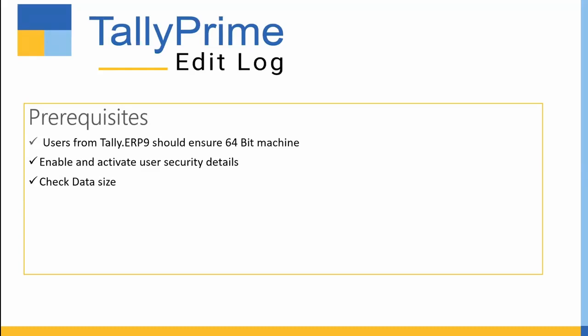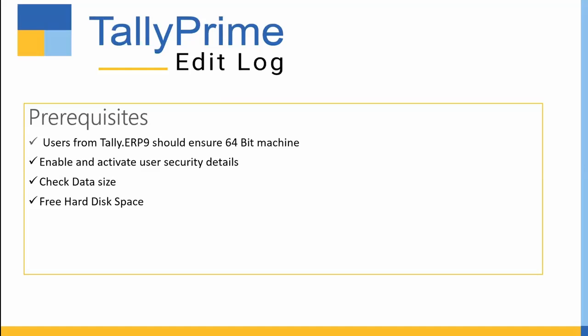Tally recorded the trail of transactions and masters earlier, and now it is recording. Now the trail could be 2 times, 3 times, 4 times versions, or 7 times, or 10 times, or 15 times. It could be anything. So we need to ensure, according to the data size, that we have enough free hard disk space in the location where we are going to use the TallyPrime edit log.